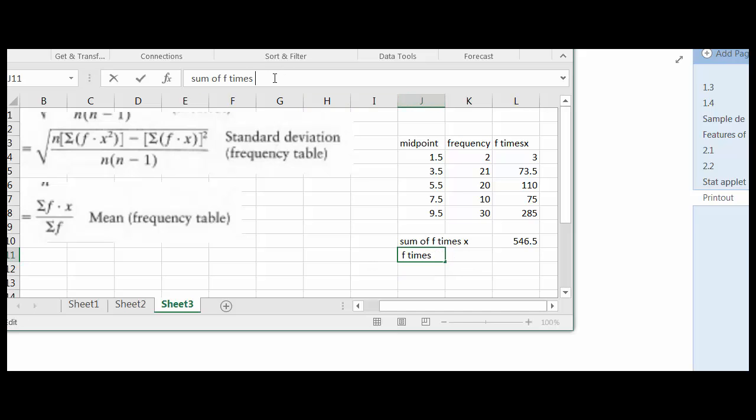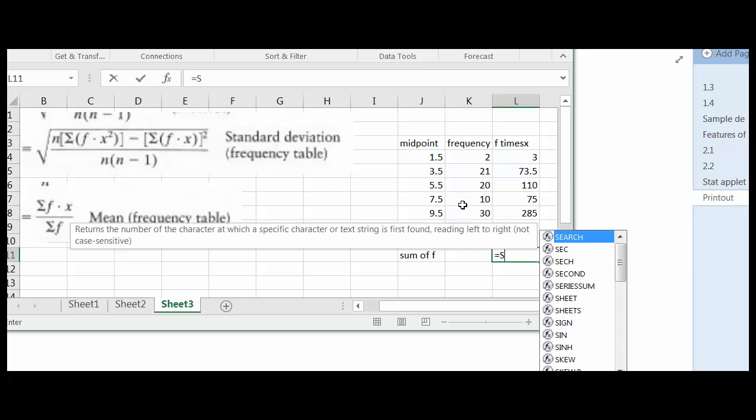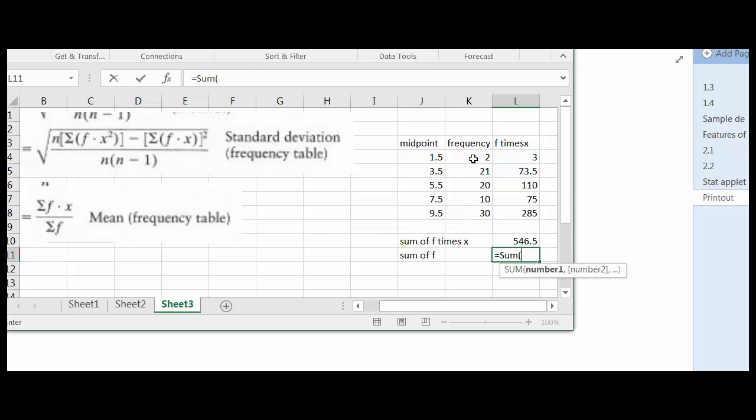I'm just going to add this all up by typing the word sum in front of it. And I get that. And so the mean of the frequency table is just dividing those two numbers. So take that number divided by that number. And so the mean is 6.58, and so on.